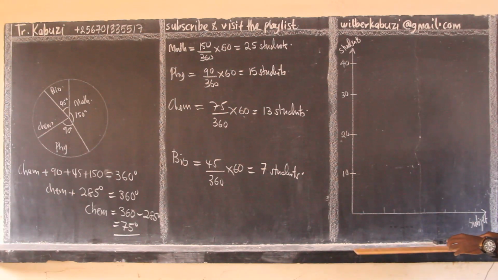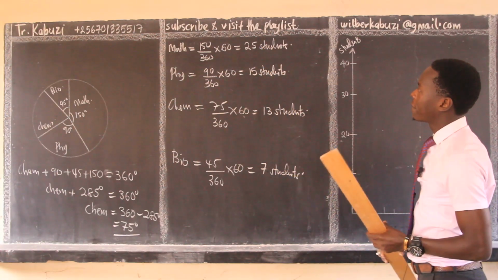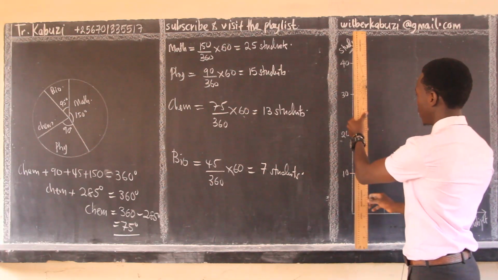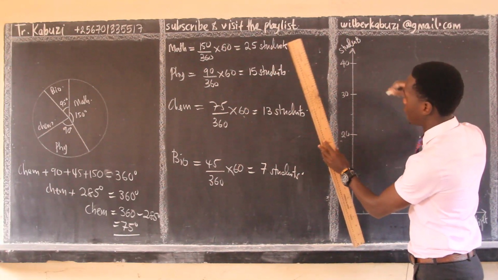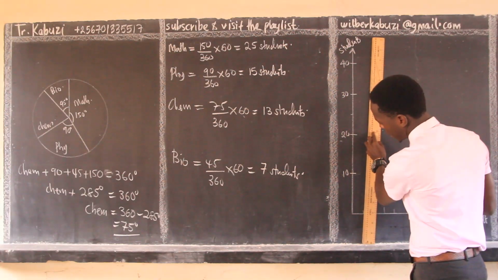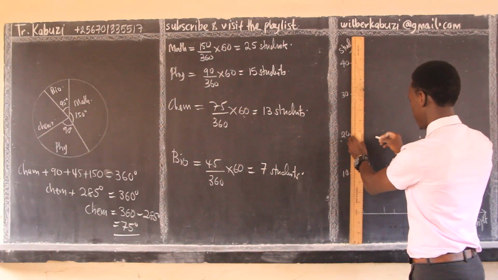Okay, so now we start with math. They were 25, so 25 is in the middle here. If you use graph paper, it's going to be very accurate in there. So my 25 is here.